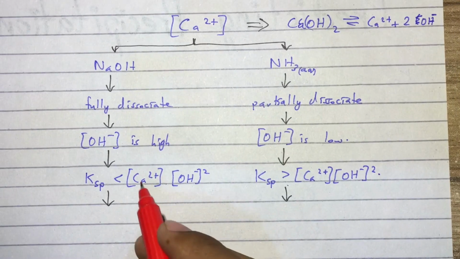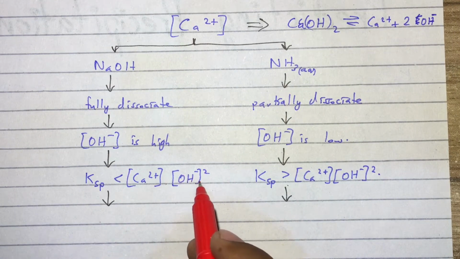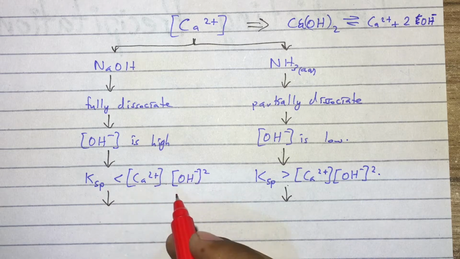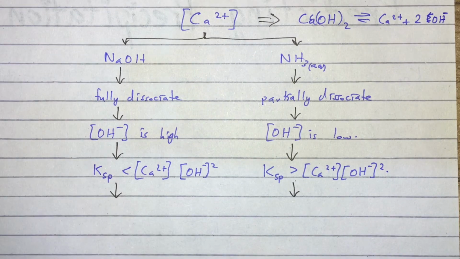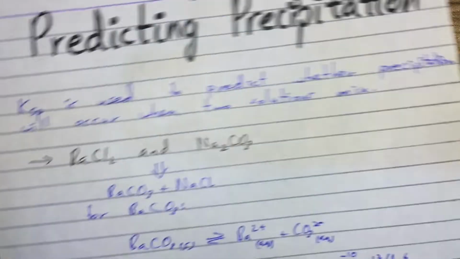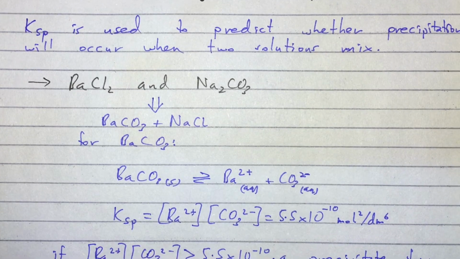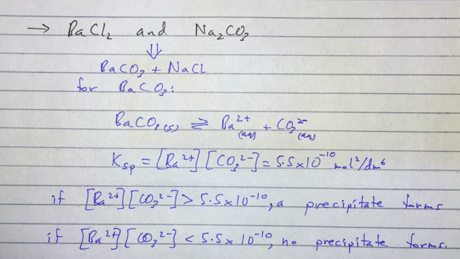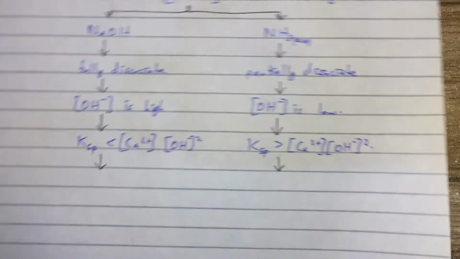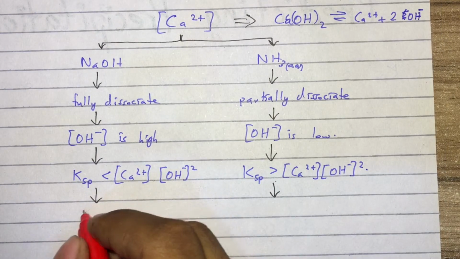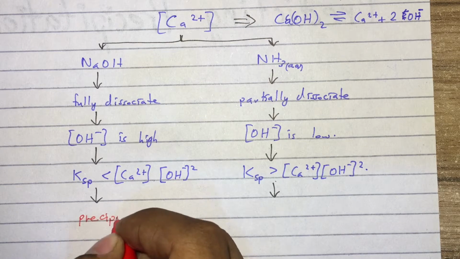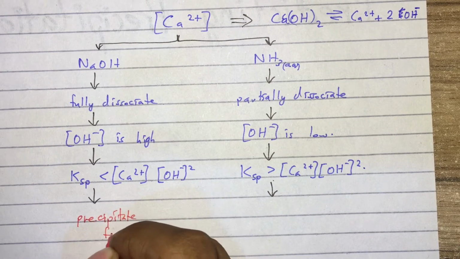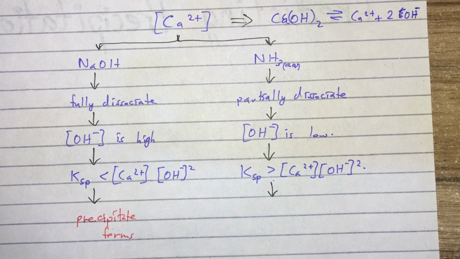So over here, since the hydroxide ion concentration is high, the product will be greater than the Ksp, which is why a precipitate will form, because as we read on the last page, if the value is greater than the Ksp, then the precipitate forms because the equilibrium shifts towards the left hand side.